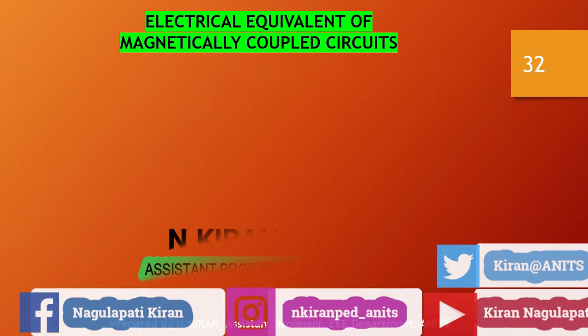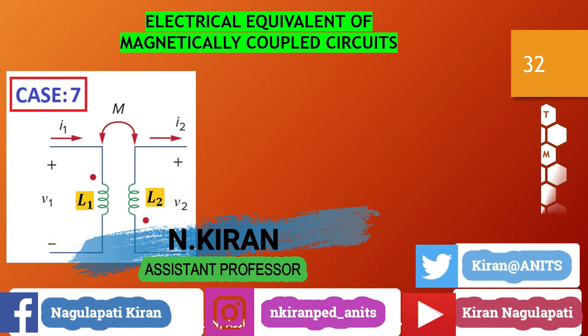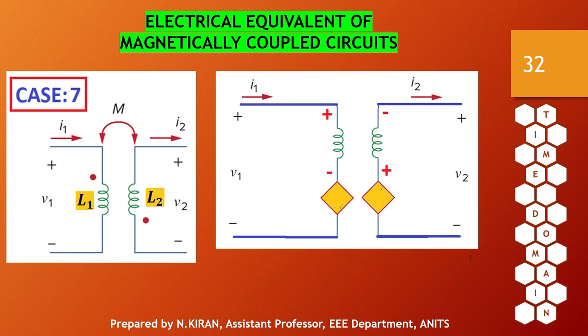Coming to the seventh case, in time domain, the polarities of self-induced EMF will be the same as in the previous case. Since here current is entering at the dotted end, I will get negative positive in the second coil.